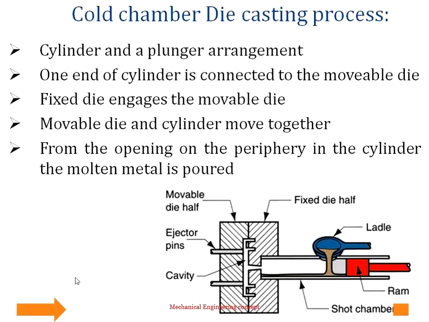The cold chamber process is slightly slower compared to the hot chamber process, but there are certain advantages as well as disadvantages. The process is economical for large production quantities. It has good dimensional accuracy and surface finish. Thin sections can be easily cast. A near net shape, or required shape, can be achieved.